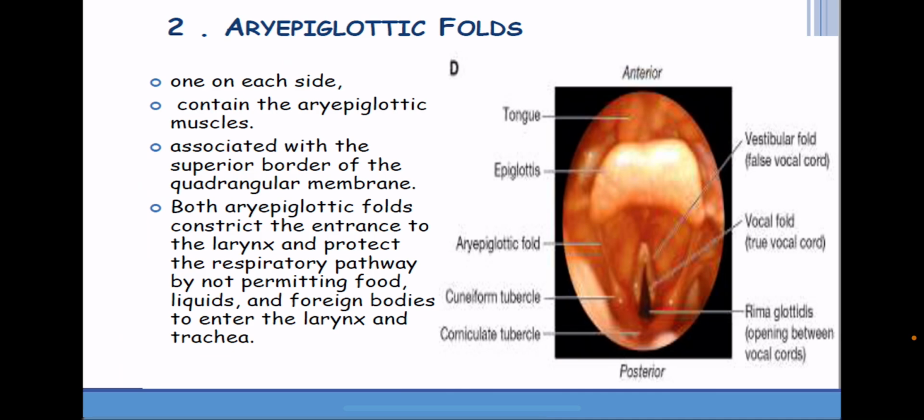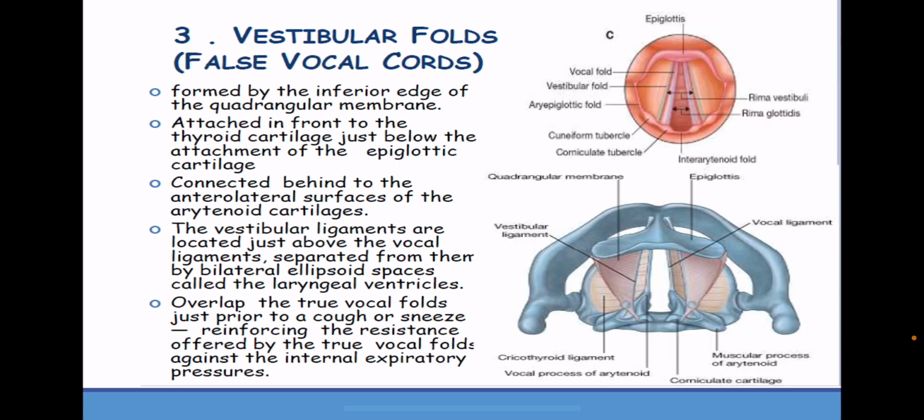Both aryepiglottic folds constrict the entrance to the larynx and protect the respiratory pathway by not permitting foods, liquids, and foreign bodies. Third is the vestibular fold or false vocal cords, formed by the inferior edge of the quadrangular membrane, attached in front to the thyroid cartilage just below the attachment to the epiglottic cartilage, connected behind to the anterolateral surface of the arytenoid cartilage.